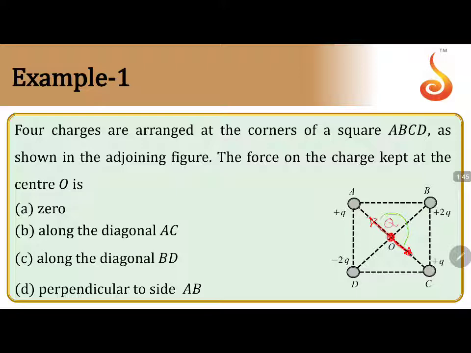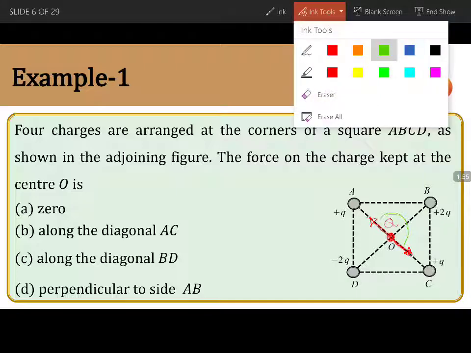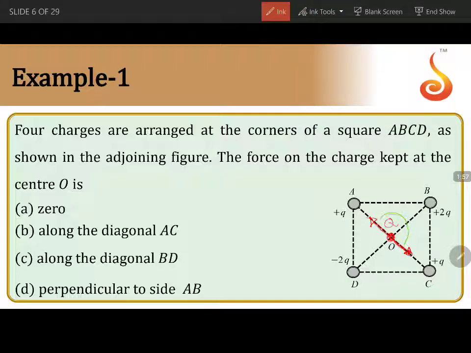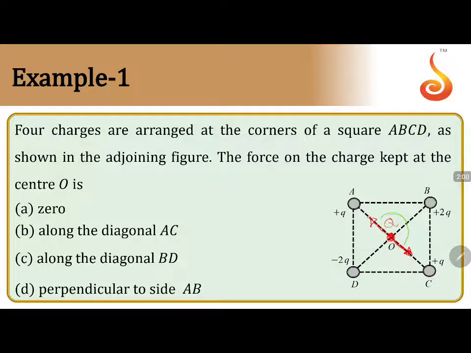Now we have to find the electrostatic force because of the other two charges on this center charge. This plus 2q will exert repulsive force, and this minus 2q will exert attractive force.